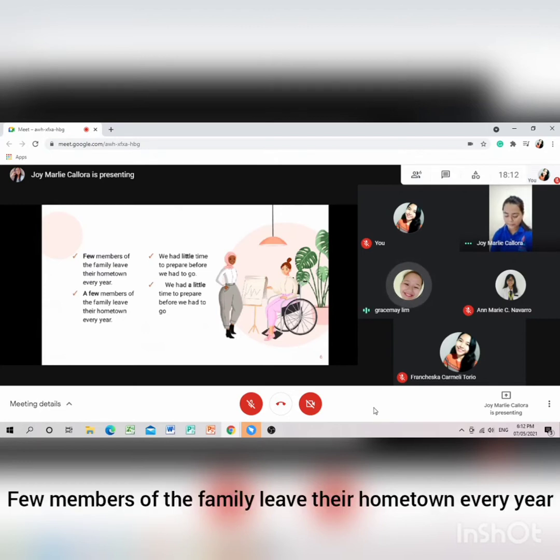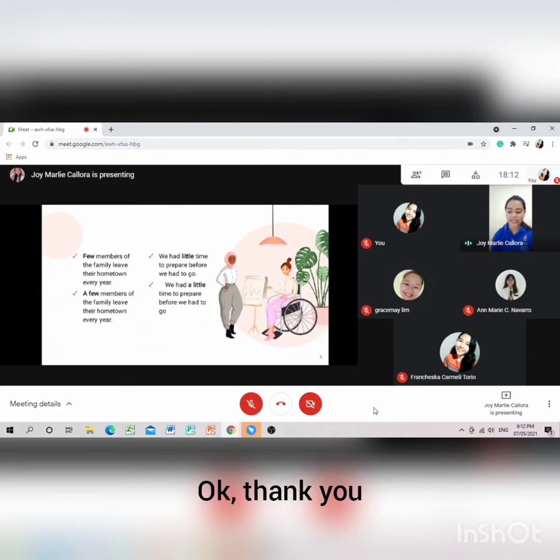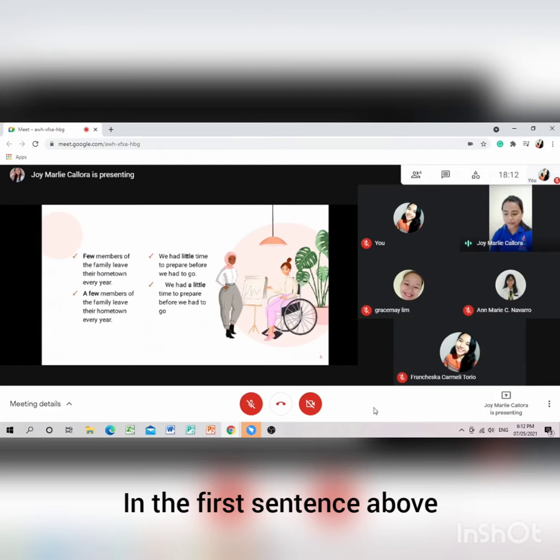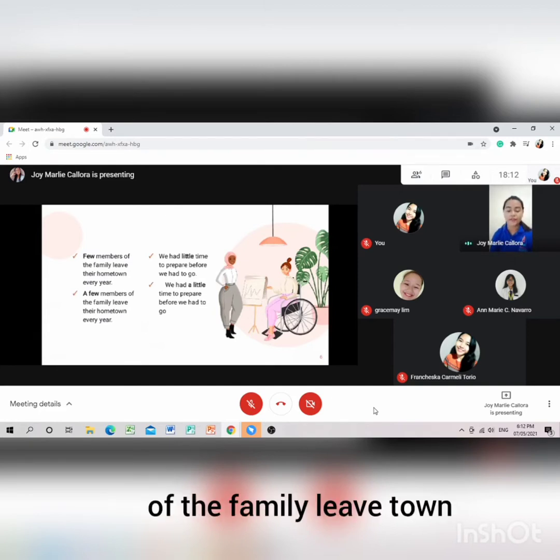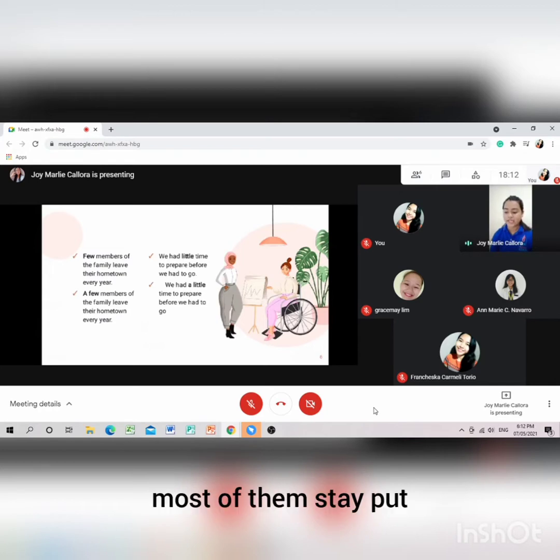Few members of the family leave their hometown every year. Okay, thank you. In the first sentence, we use few to indicate that only one or two members of the family leave town. Most of them stay put.